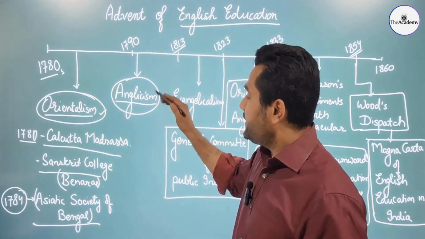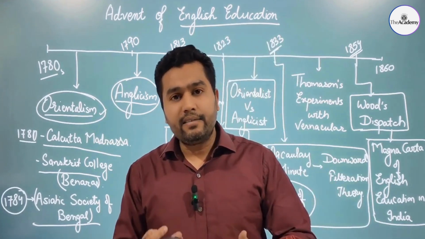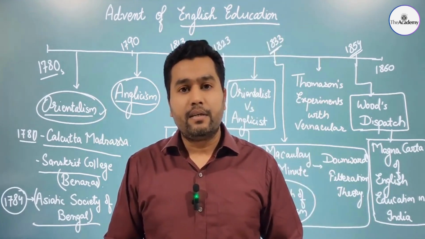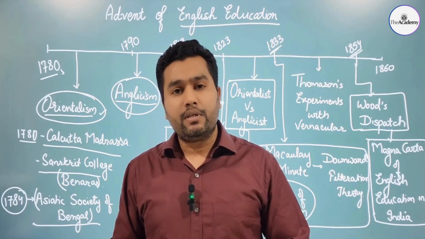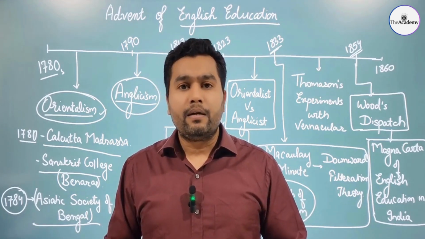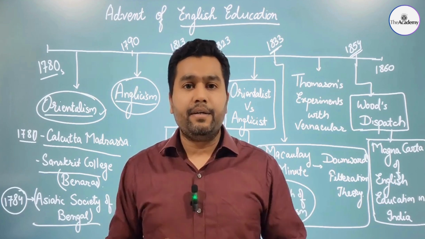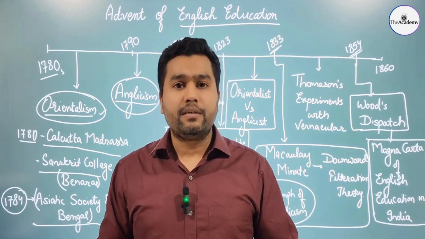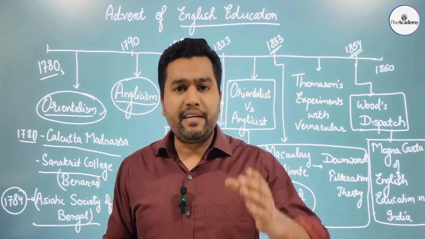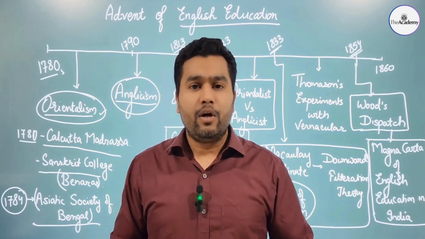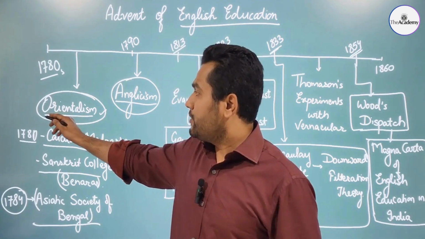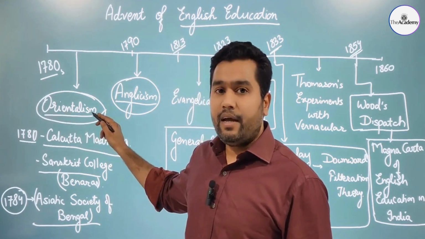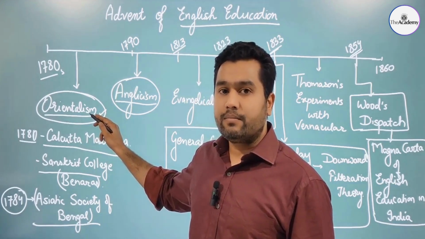So in the 1790s, when Anglicization started gaining prominence, the British justified their superiority. They denigrated Indian character on the basis of the false information that they had gathered from Orientalism.